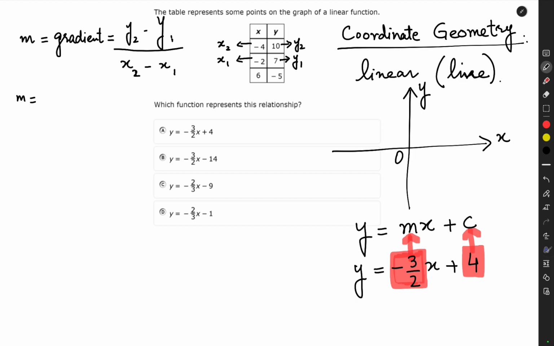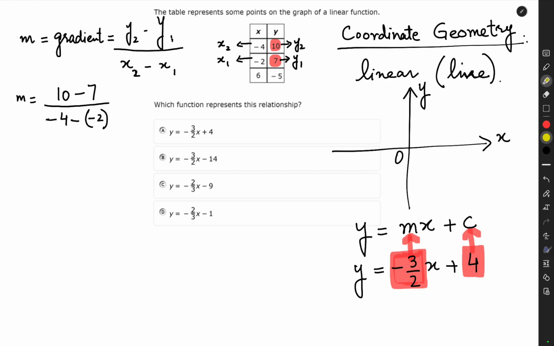You just need to plug in the values now. 10 minus 7, which means y2 minus y1, and then in the denominator I'll write x2, which is minus 4, minus x1, which is minus 2 itself.